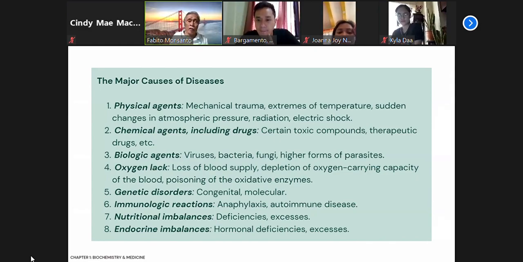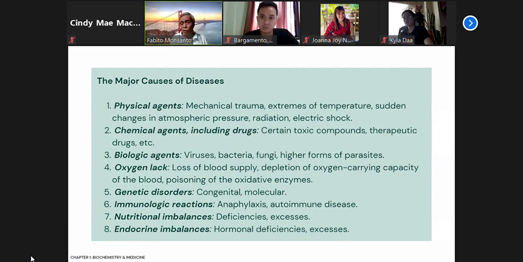Deficiency not only of proteins, carbohydrates, vitamins, minerals, but deficiency due to lack of energy. No? That's energy deficient. Then you have endocrine imbalances, most common with your endocrine imbalances, you have your diabetes mellitus.